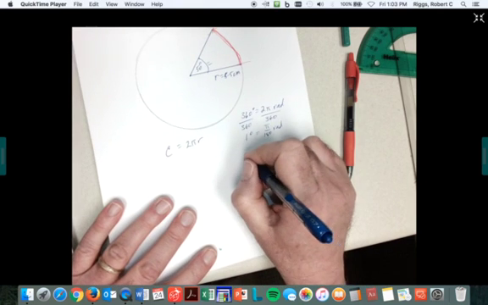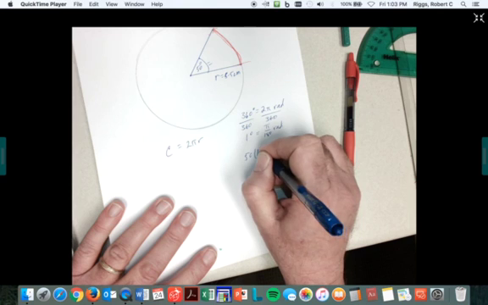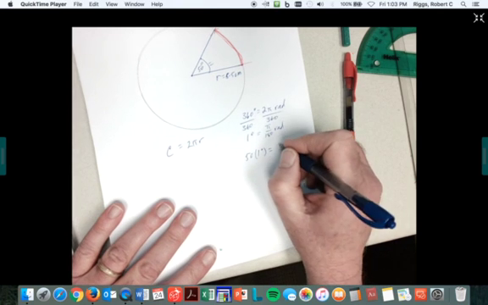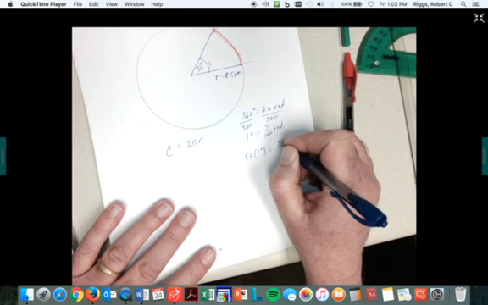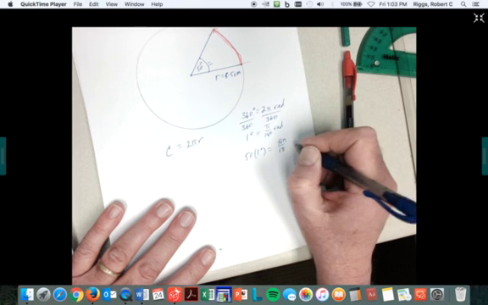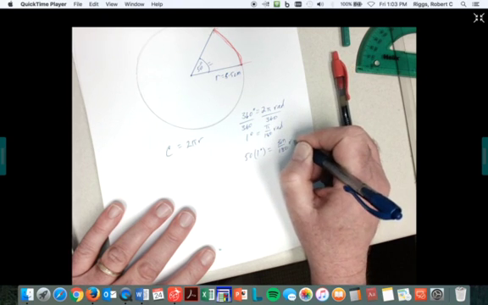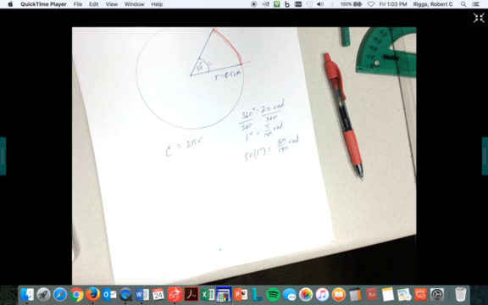So if I have 50 degrees, I've got 50 pi over 180 radians. This is all 9th grade, 10th grade stuff, right?